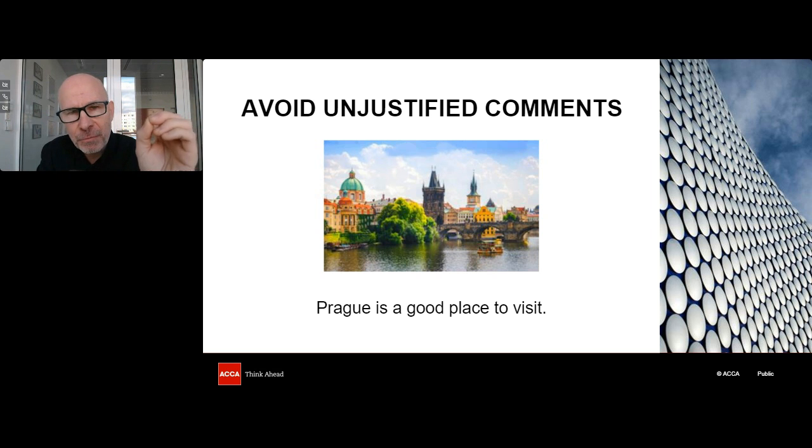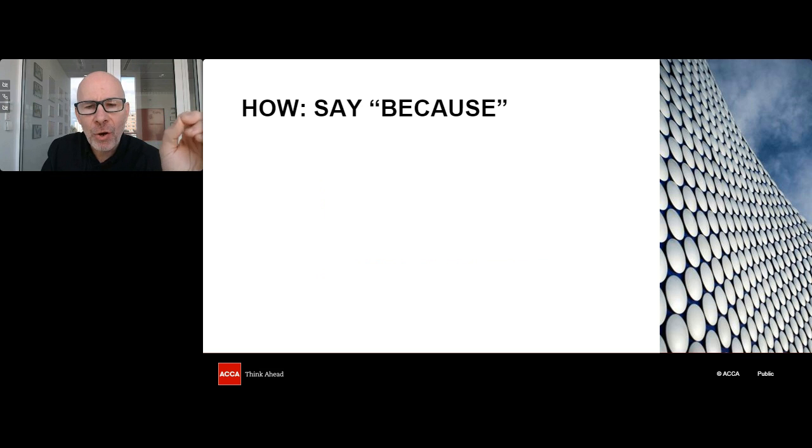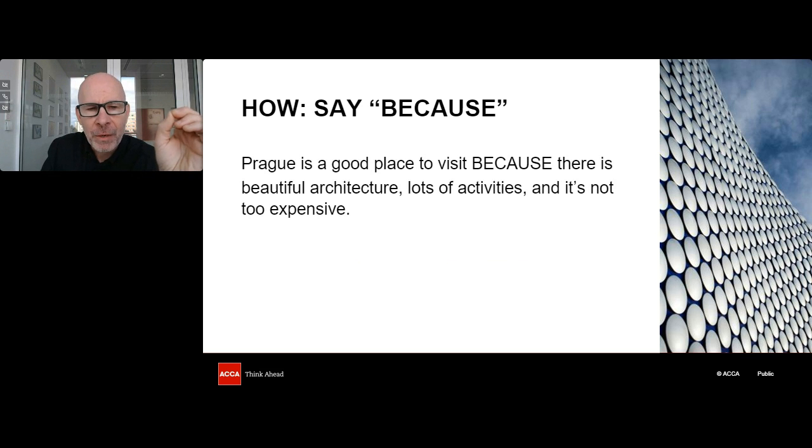My idea is unsupported. All we have to do to fix that is to say because. We fix it by saying because. Prague is a good place to visit because there's beautiful architecture, lots of activities, and it's not too expensive.